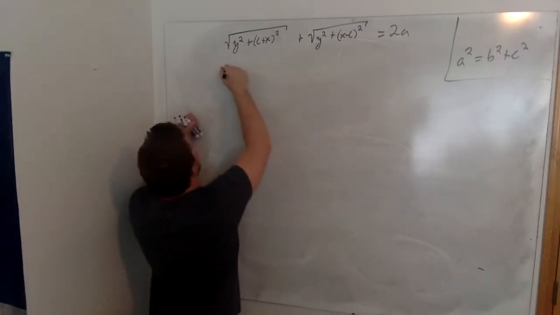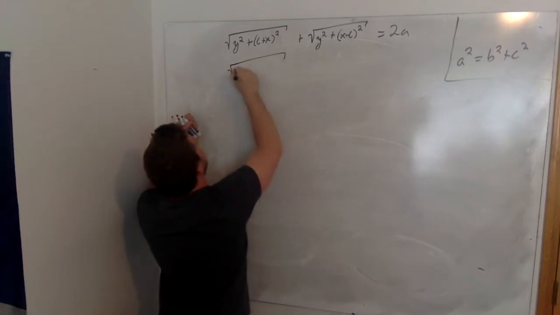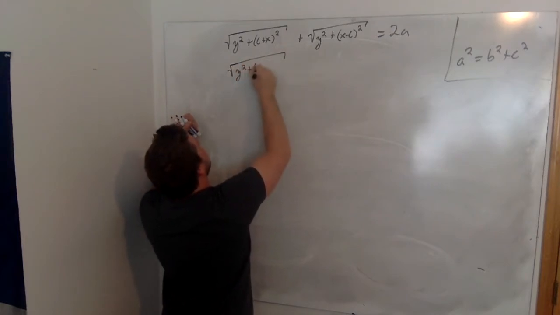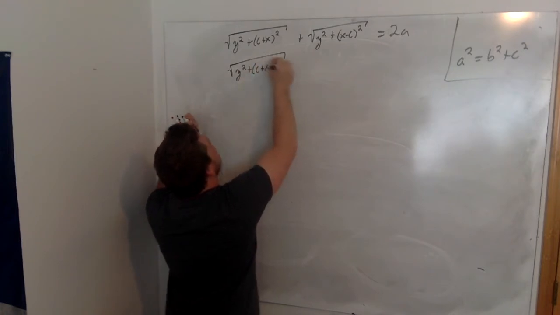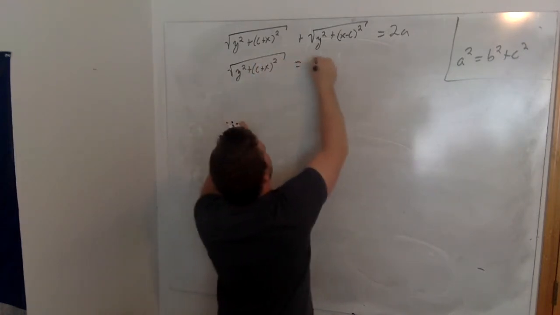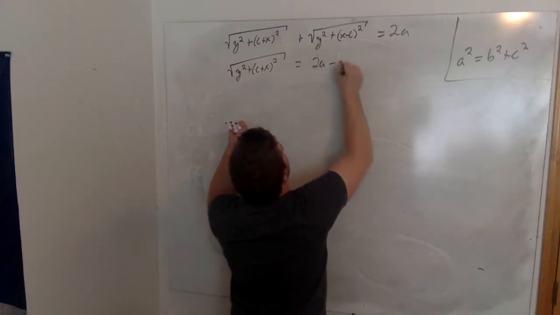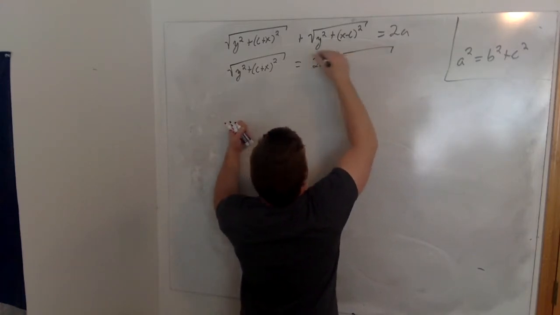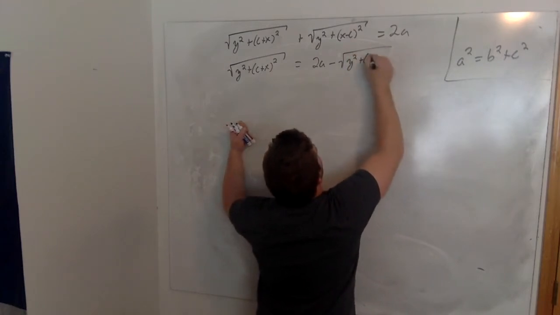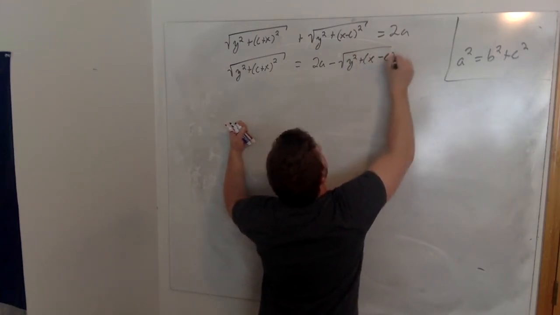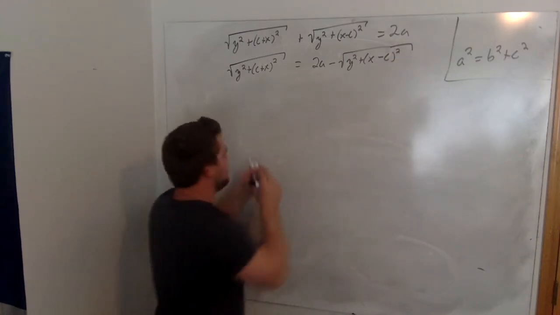So we're going to get the square root of y squared plus (c + x) squared, and that's going to be equal to 2a minus the square root of y squared plus (x - c) squared. Okay, what are we going to do from here?